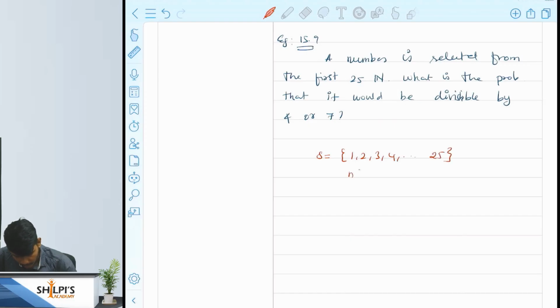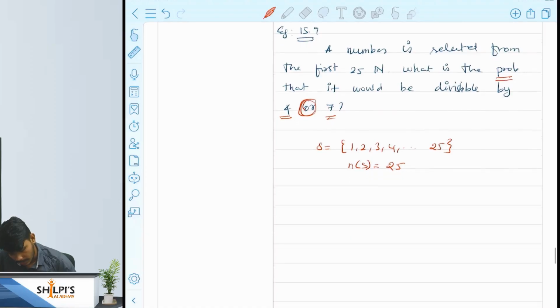So what's the number of elements in the sample space? 25 numbers will be there. And if you watch the question, you can infer that we have to find the probability that it would be divisible by 4 or 7.